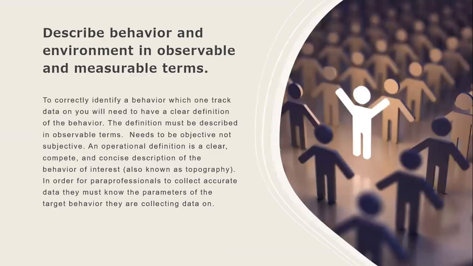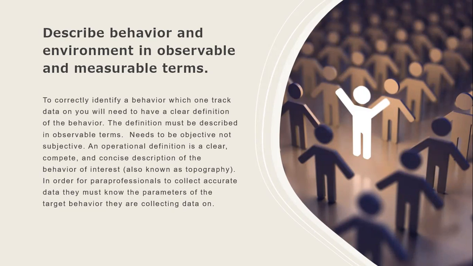So this one says describe behavior and environment in observable and measurable terms. So everything must be observable and it has to be measurable. In order to collect data, you have to use some type of measurement tool. To correctly identify a behavior which one tracks data on, you would need to have a clear definition of the behavior. So you have to have a clear understanding of what you're working on.